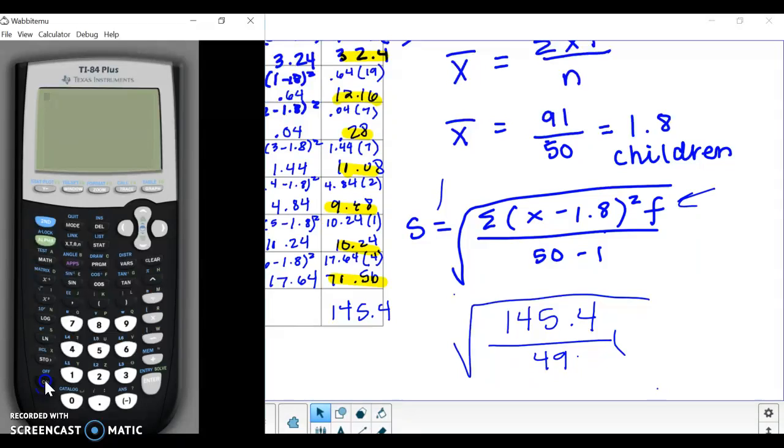Put up that calculator. It's 1.72. So that is our standard deviation for our group data.